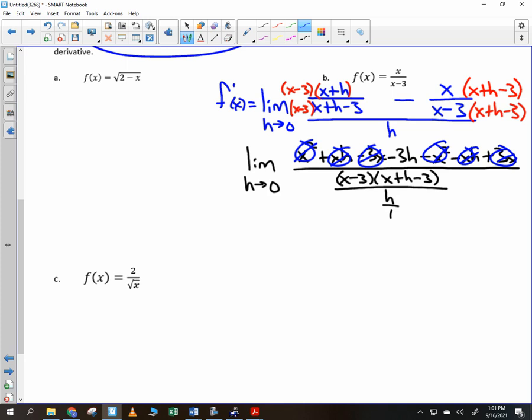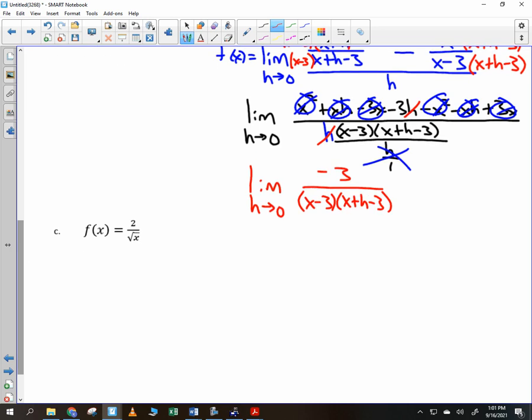Now I can multiply by the reciprocal, and when I multiply by the reciprocal, do I just get an h down in the denominator there? What's going to happen with that h? Cancels. What am I left with in the top? Limit as h goes to 0 of negative 3 over x minus 3 times x plus h minus 3.